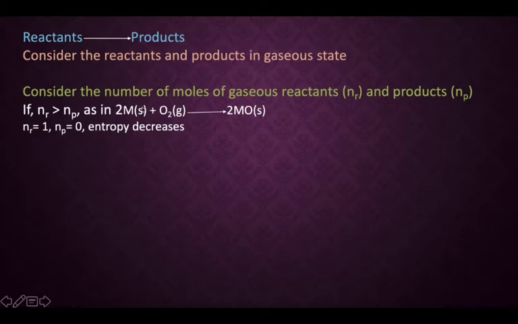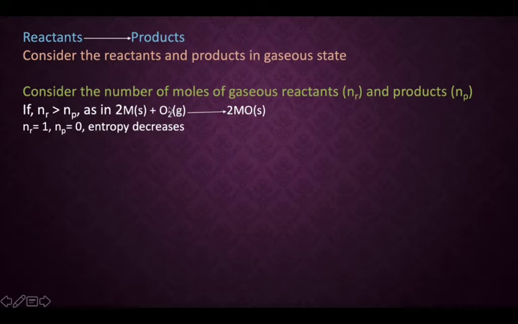Here 2 moles of the metal will react with oxygen gas to give 2 moles of the metal oxide. On the reactant side, the oxygen is in the gaseous state and the number of moles of oxygen is 1, whereas on the product side there is no gaseous compound at all.